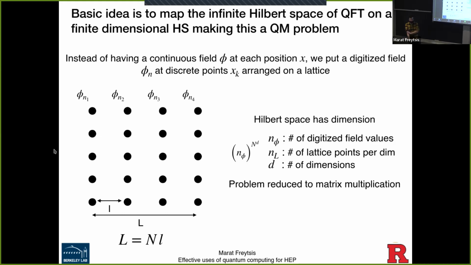Any sensible discretization of this problem, which is going to give you a decent approximation for a field theory answer, is still going to require such a massive Hilbert space that there is just no hope of storing it using classical resources.